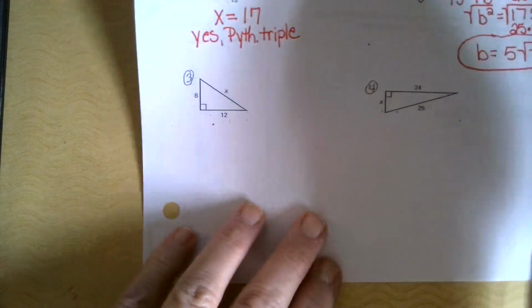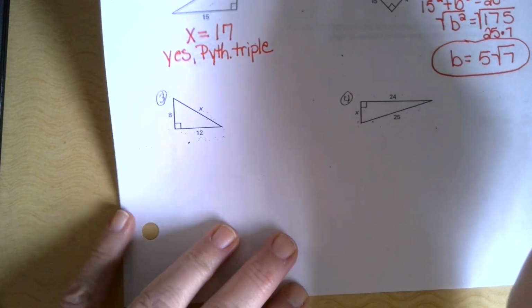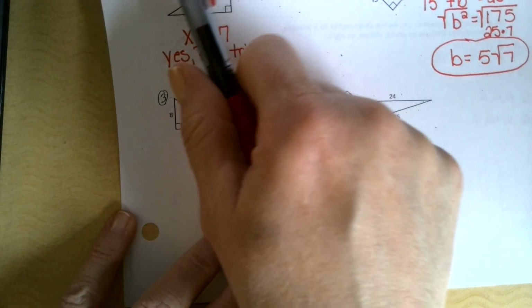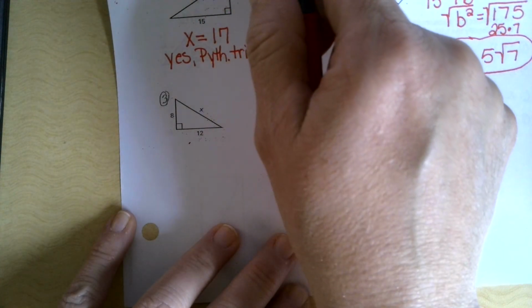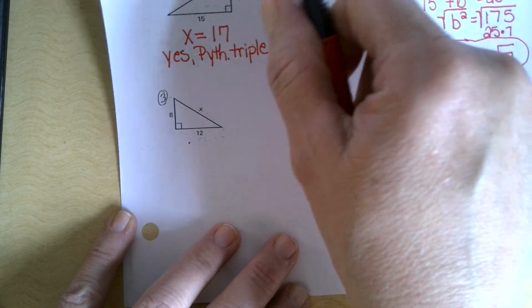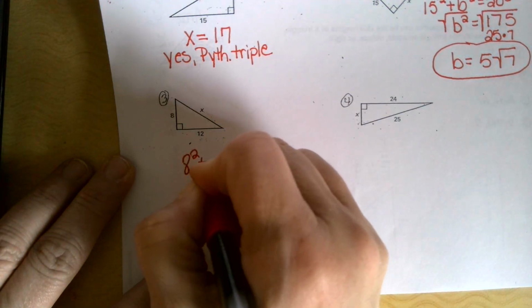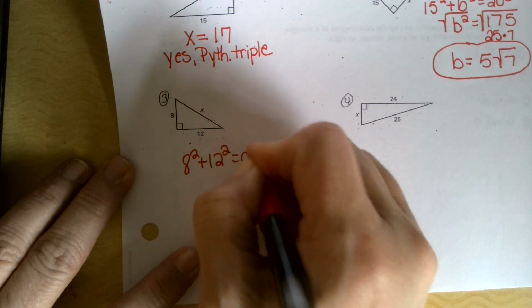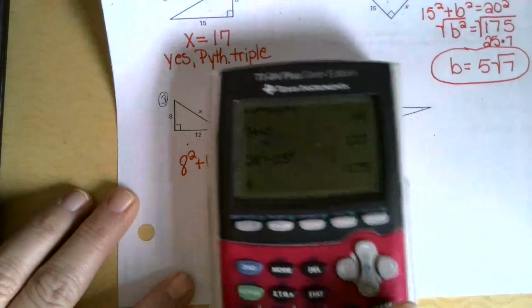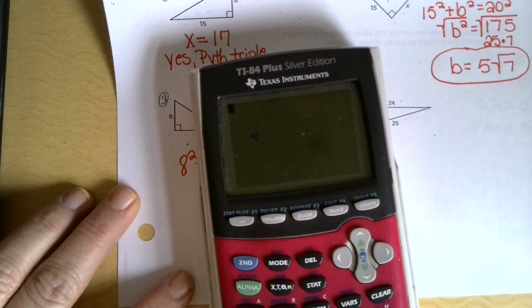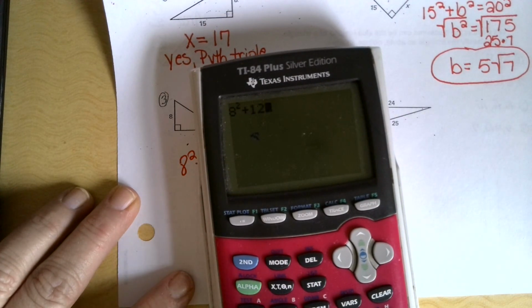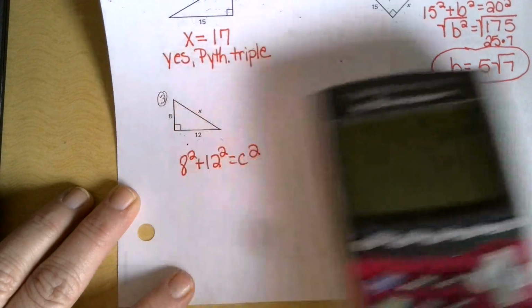All right. So let's look at 8 and 12. If I'm looking up here, I am not seeing 8 and 12 anywhere. So we can go ahead and do the Pythagorean theorem. 8 squared plus 12 squared equals c squared. And we get 208.